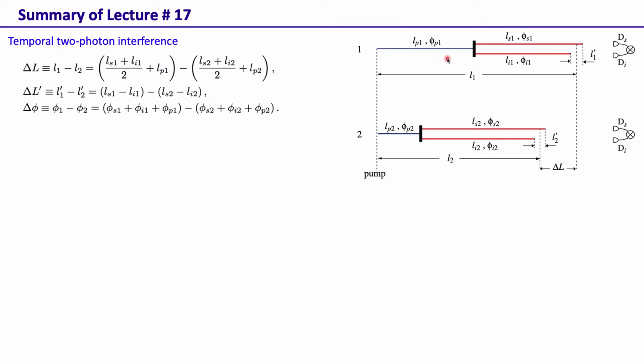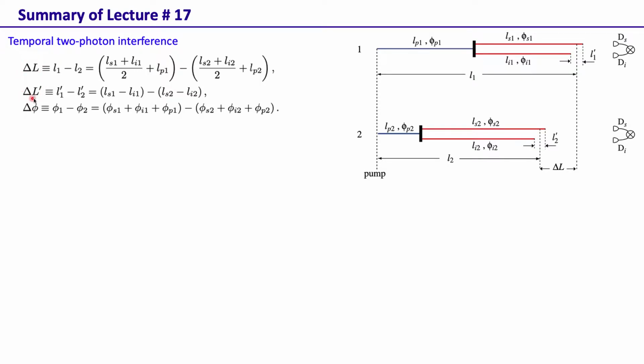There are 6 length parameters involved in a general two-photon interferometer with two alternative pathways, and these 6 different length parameters we combine to form two length parameters, delta L and delta L prime. We could also put together all the phases and come up with this quantity delta phi.